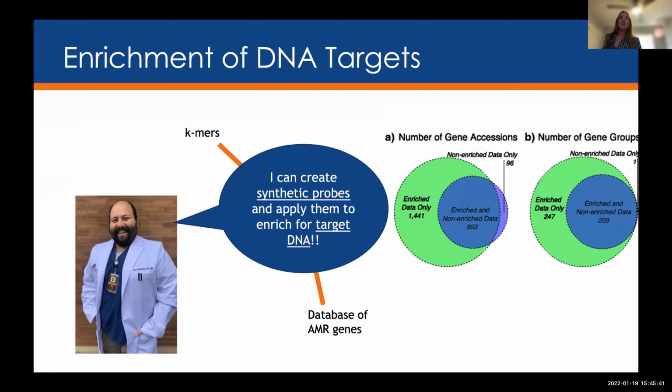In the unenriched data, we saw 247 AMR genes, and in the enriched data, we were able to identify 1,441. In particular, we were able to identify rare genes that we hadn't seen before in standard metagenomic data.